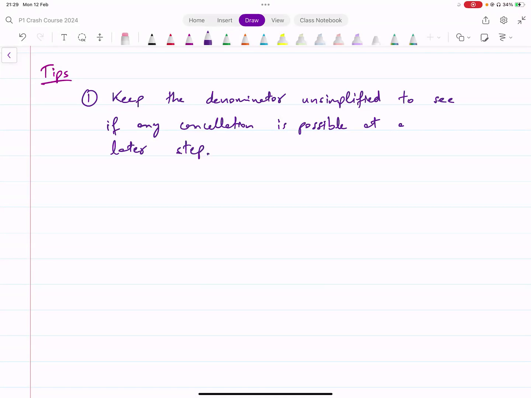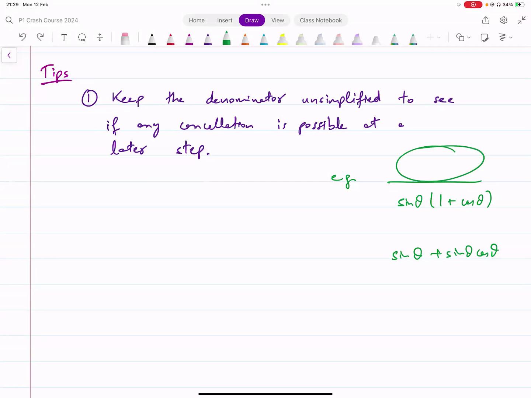What does that mean? Sometimes you'll have in the denominator something like this, sine theta into maybe 1 plus cos theta. Okay? Do not simplify this. Do not write it as sine theta plus sine theta into cos theta. Because a lot of times what would happen would be that either sine theta or 1 plus cos theta would get cancelled with something in the numerator.